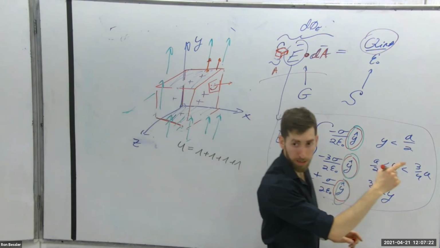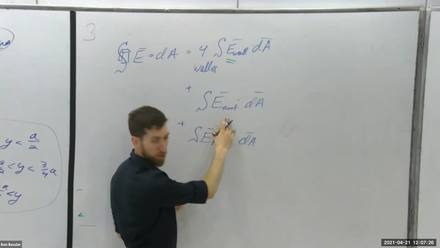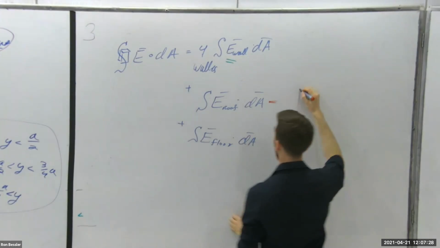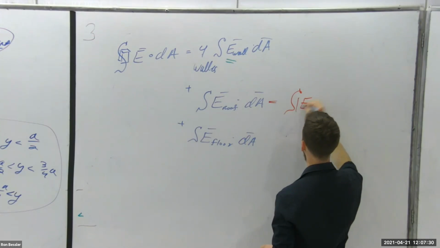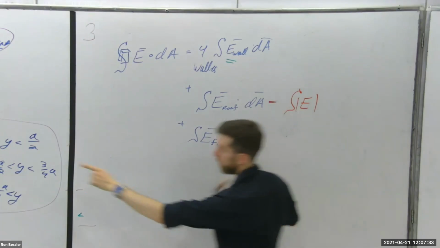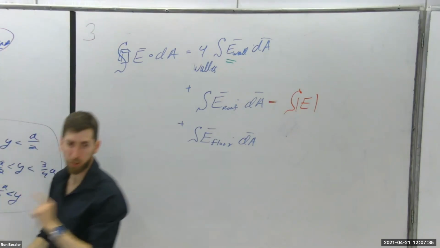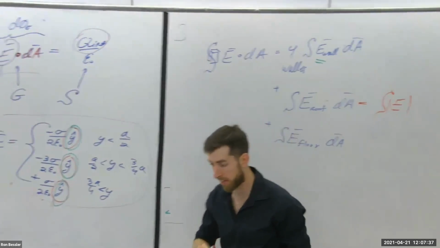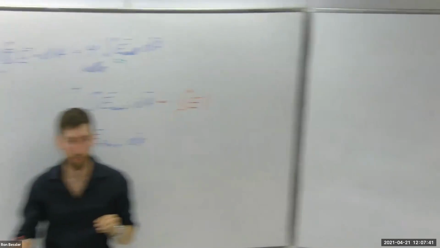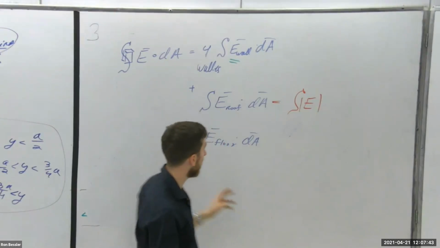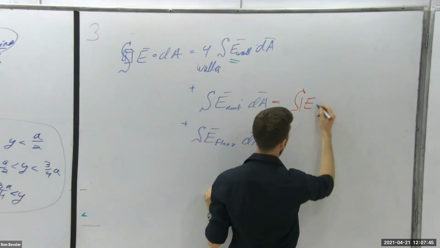So I can go back, camera. When I look at the roof, I can say that this one is actually the size E. At which location? I didn't say, but the sizes of the box are A by A by A. So this is E. At what location?